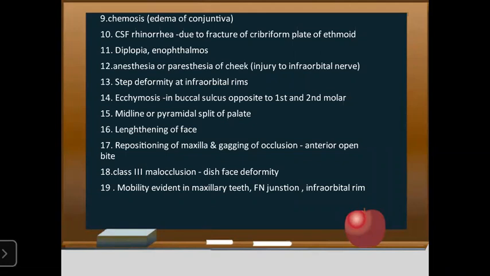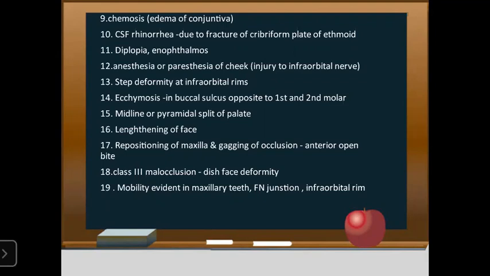Anesthesia or paresthesia of cheek can be seen, which suggests the injury of infraorbital nerve, step deformity at the infraorbital rims, ecchymosis in the buccal sulcus opposite to first and second molars, midline or pyramidal split of the palate, lengthening of the face due to separation of middle third from the skull bone, repositioning of maxilla and gagging of occlusion, which creates an anterior open bite.